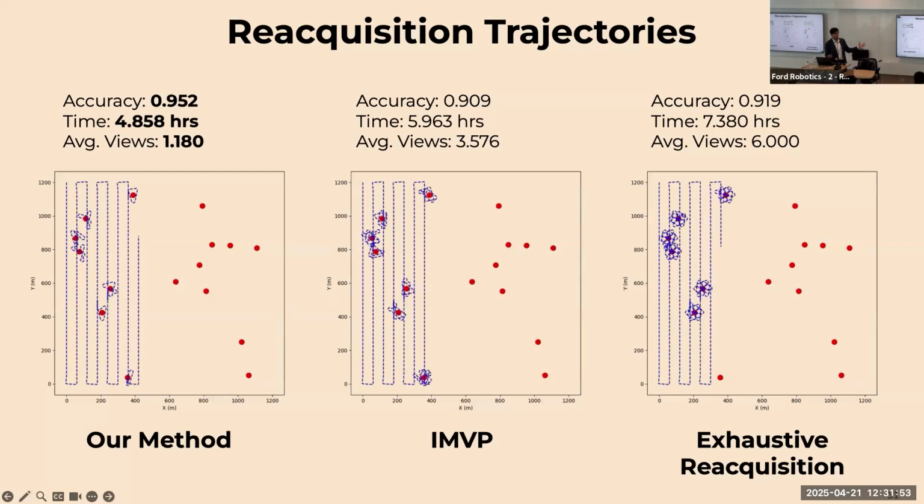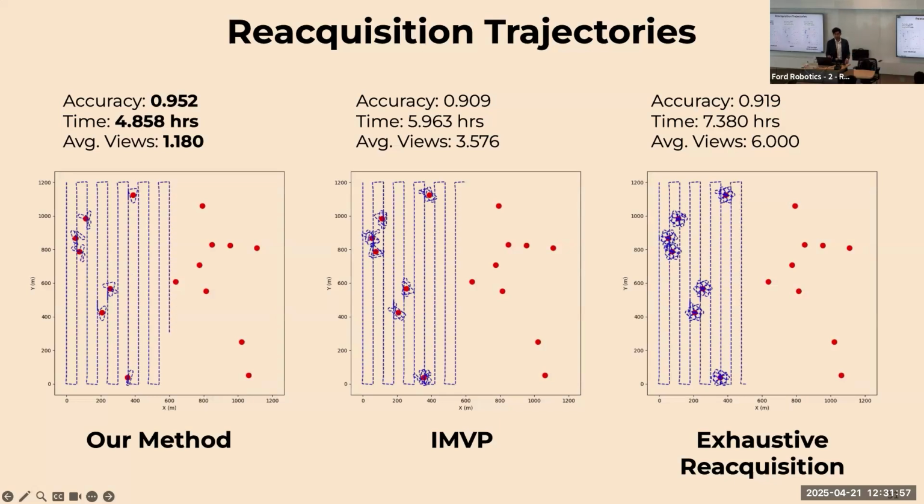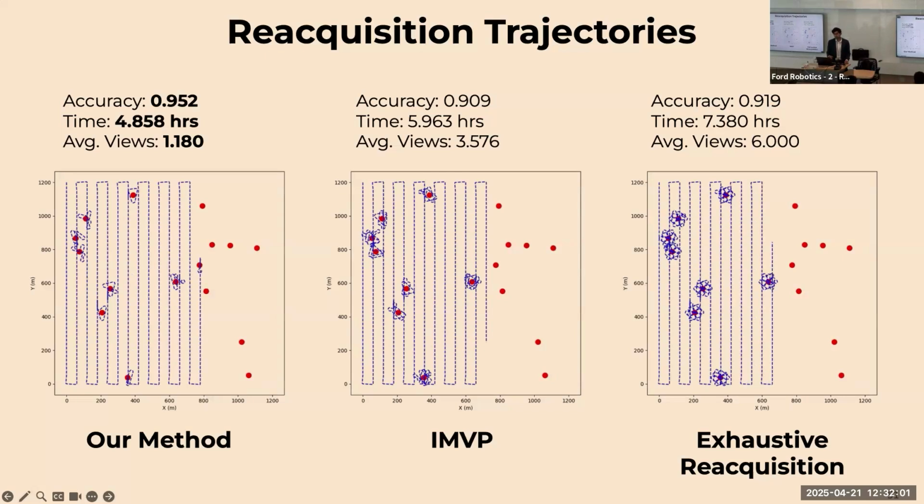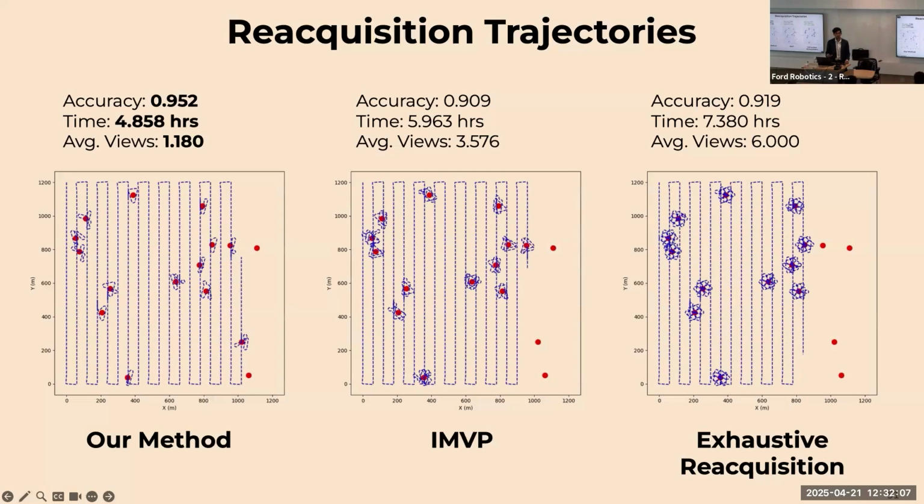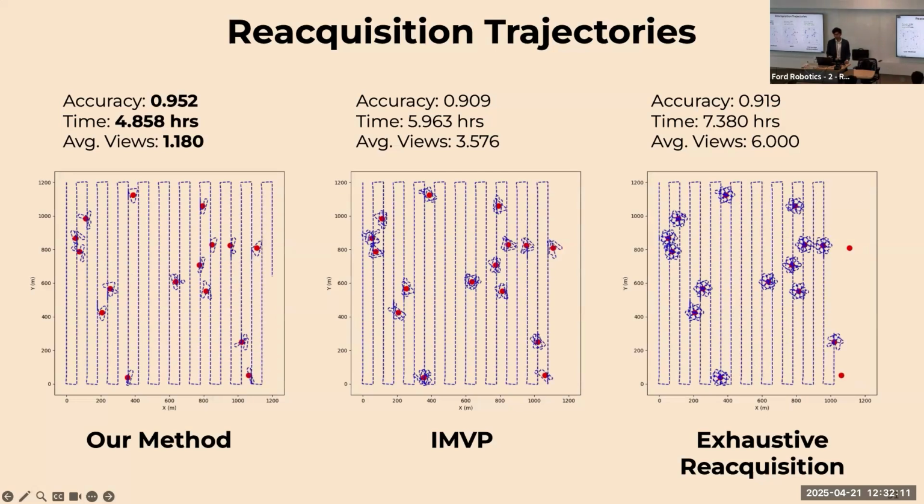IMVP inspects it at more views, but has lower accuracy. And the exhaustive reacquisition, of course, inspects it at all 6 views and takes the most amount of time. You can see here quite shortly that our method ends up finishing this entire survey process first, taking the least amount of time and still maintaining high accuracy.